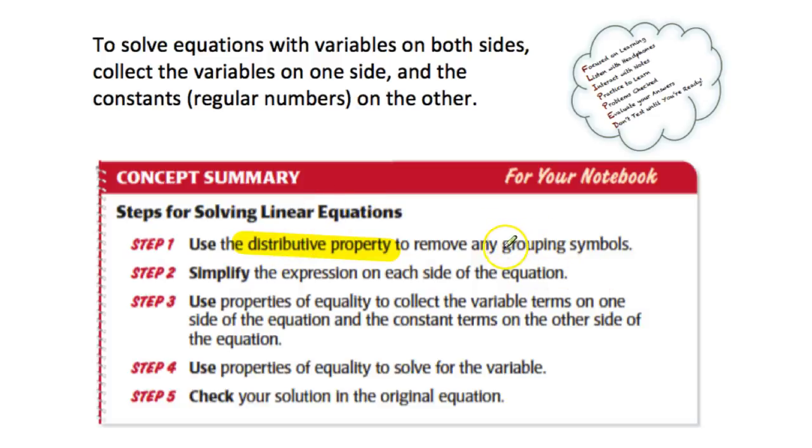And when you do this, this will remove any of the grouping symbols. So you might see parentheses or absolute value bars. You could do that first to remove the grouping symbols, and you'll probably use the distributive property. After that, you will simplify the expression on each side of the equation. So we want to simplify.